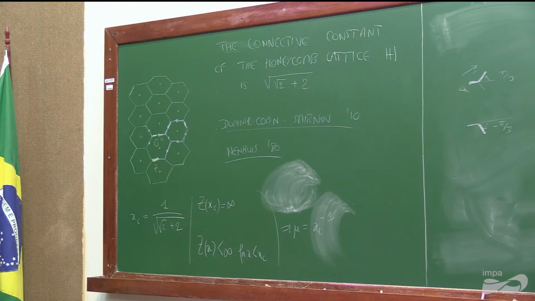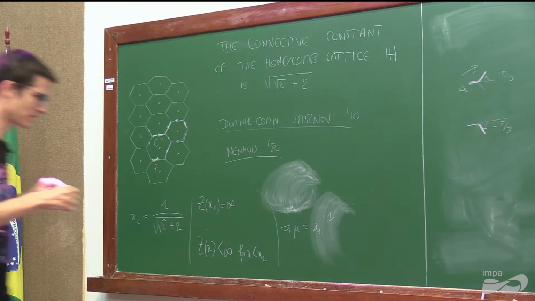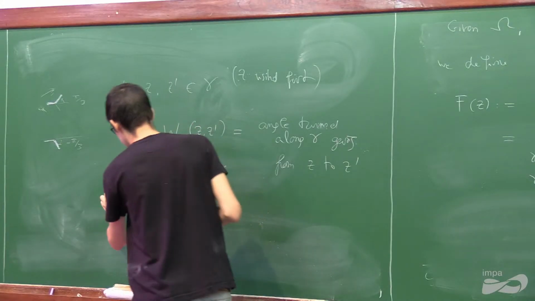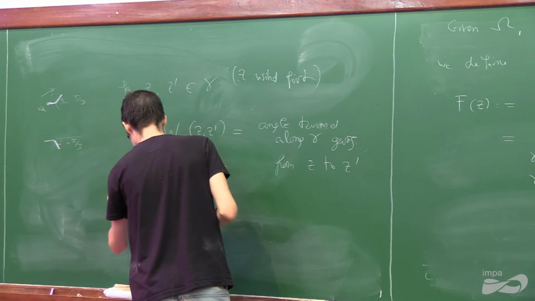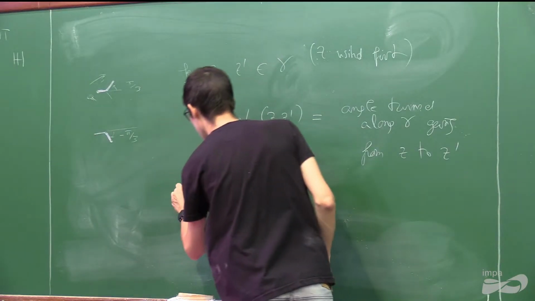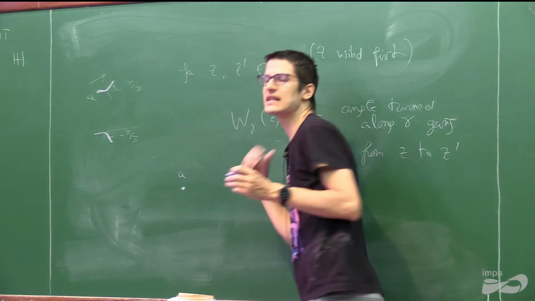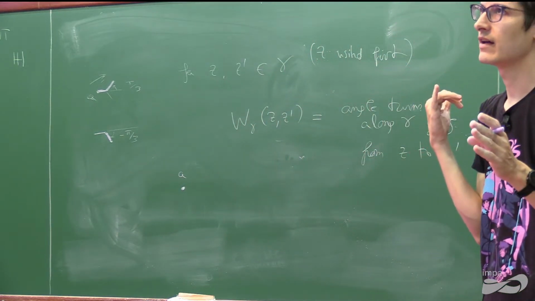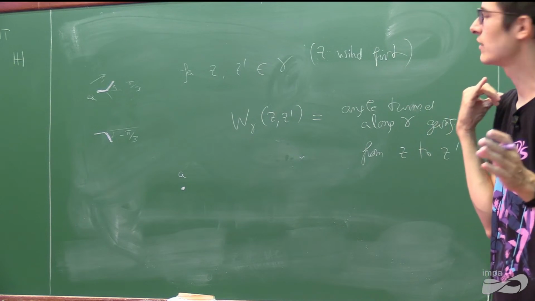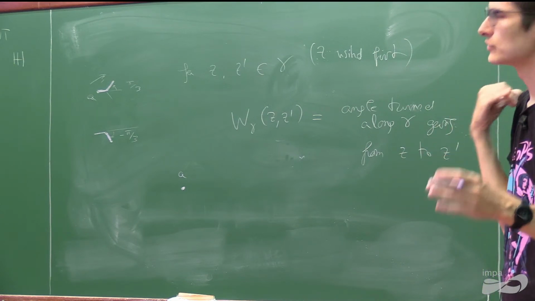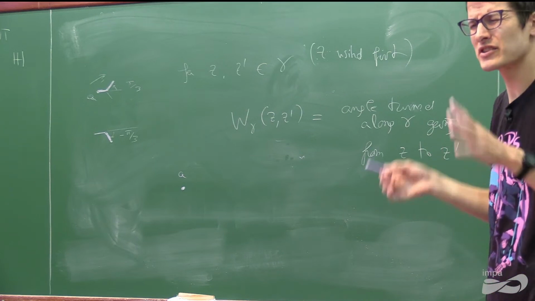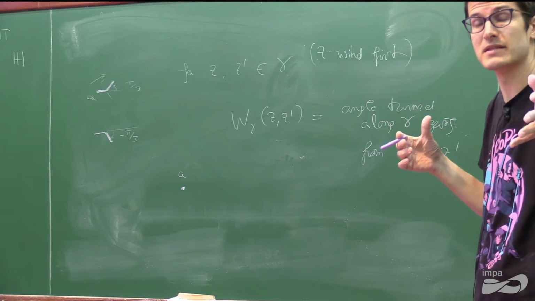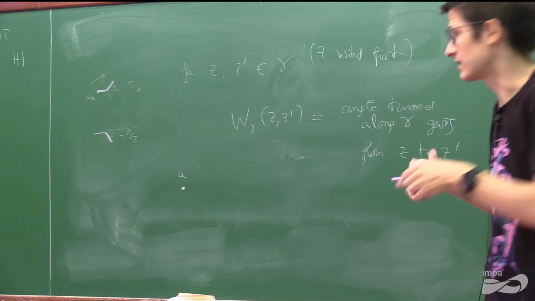And the reason is the following. Let's forget that the self-avoiding walk cannot visit the sites that are already visited. Now we are just going to consider, instead of a self-avoiding walk, a self-avoiding loop. So it's going to end up at the same site where it started.